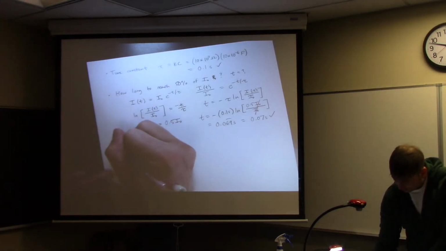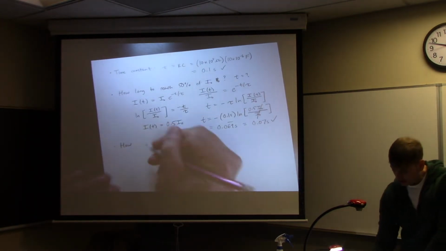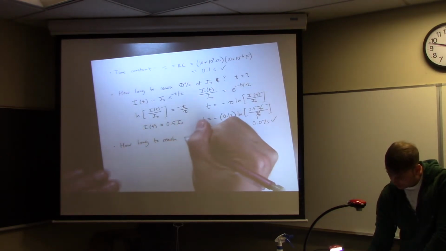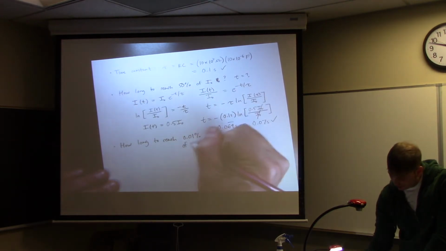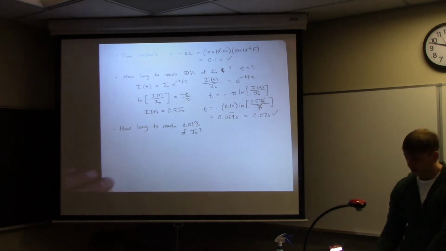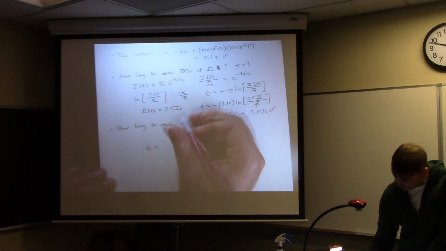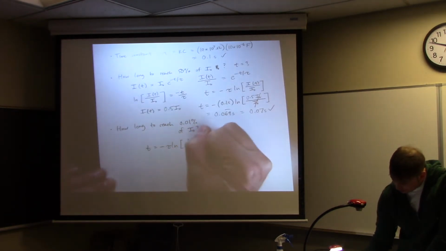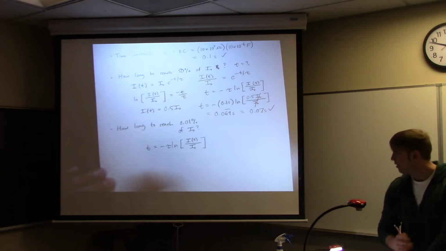The next follow-up to this is a very similar sort of question. How long to reach 0.01% of I naught? So we can use the same exact expression we just developed, t is minus tau, natural log, I as a function of time divided by I naught.